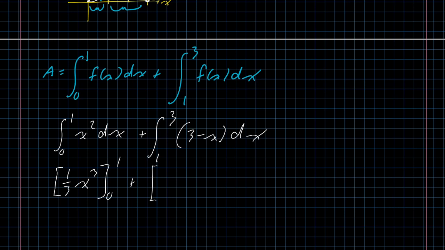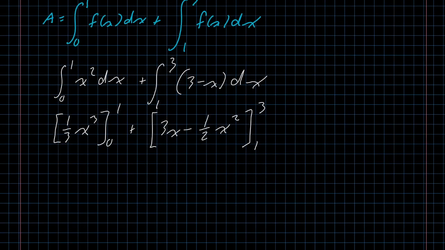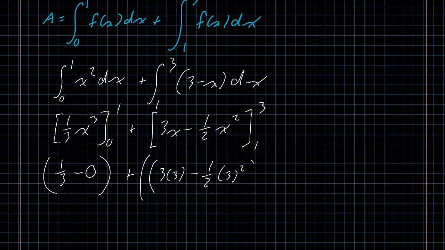An antiderivative of 3 minus x is 3x minus 1/2 x squared. We'll have 1/3 times 1 cubed, which is just a third, minus 1/3 times 0 cubed, which is just 0. This last one is a lot messier, but we'll take the time to write it out carefully. I've got 3 times 3 minus 1/2 times 3 squared minus 3 times 1 minus 1/2 times 1 squared.